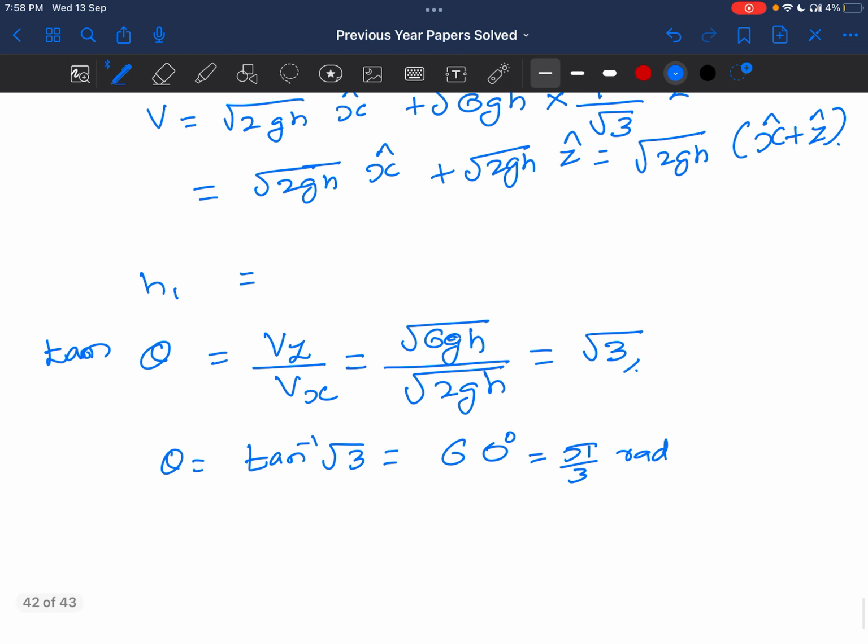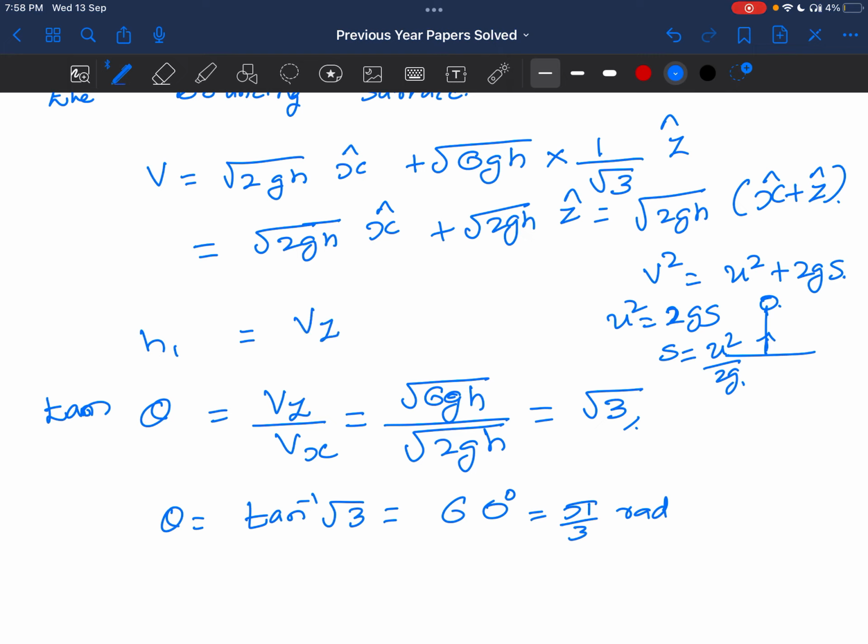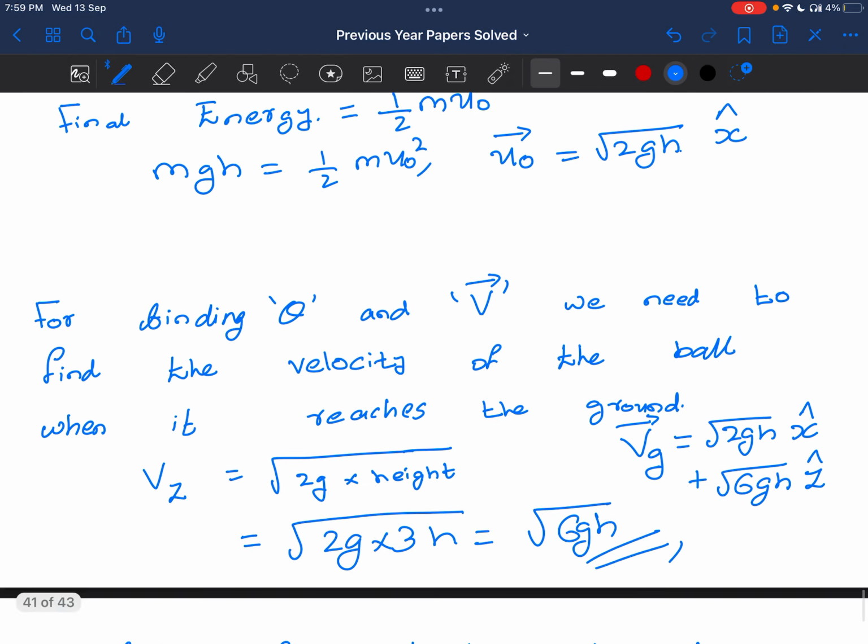Now, for finding h1, what you can use is v square is equal to u square plus 2gs. But when reaching the top, this is simply a question of free fall again. When reaching the top, the velocity will be 0. So u square is equal to 2gs, and s, that is height, will be u square by 2g. So here it is vz square by 2g, where vz is the z component of v after bouncing.